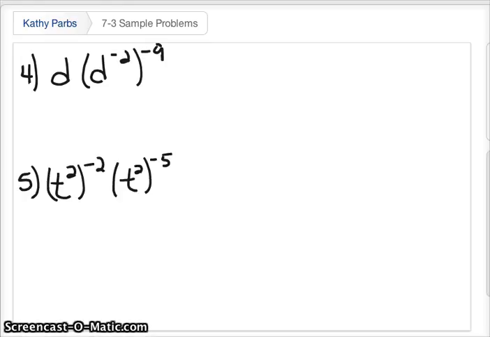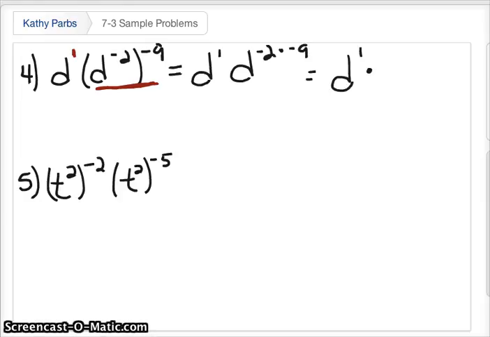Okay, don't forget that this d has an exponent of 1. It's outside of the parentheses, so it's not going to be part of this expression right here. So we're going to have d to the first, we're just going to bring that over, times d to the -2 times a -9, which would give us d to the first times a positive 18.